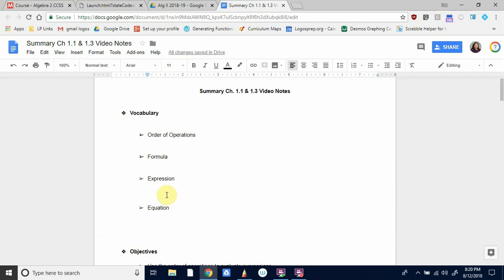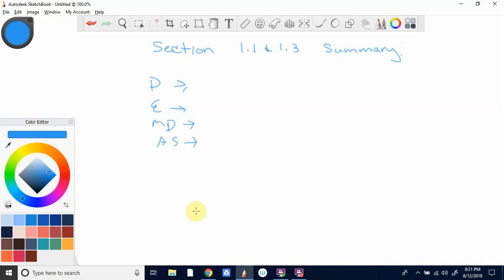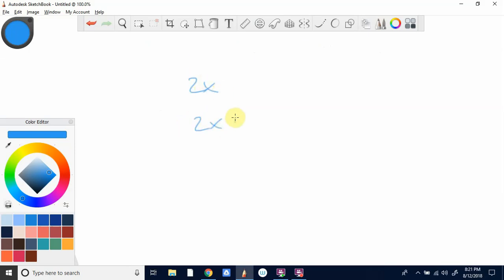Okay, next thing, expression and equation. Know the difference. So an algebraic expression is one or more terms that does not have an equal sign. So examples are 2x, 2x plus 4, t plus 3y minus 6.